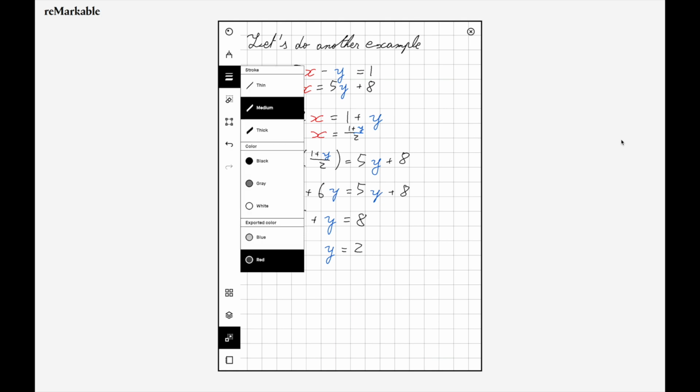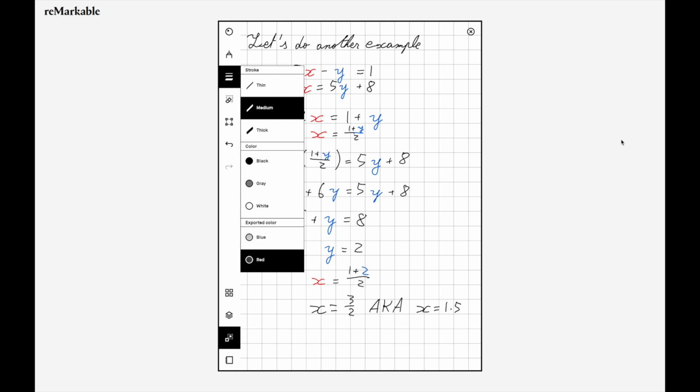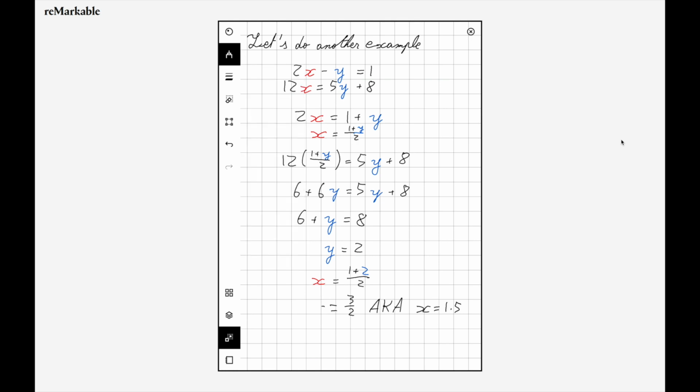We get that x is equal to (1 plus 2) over 2. x is equal to 3 over 2, also known as x is equal to 1.5. Let's make those x's red for the easiest possible visual appearance and understanding.